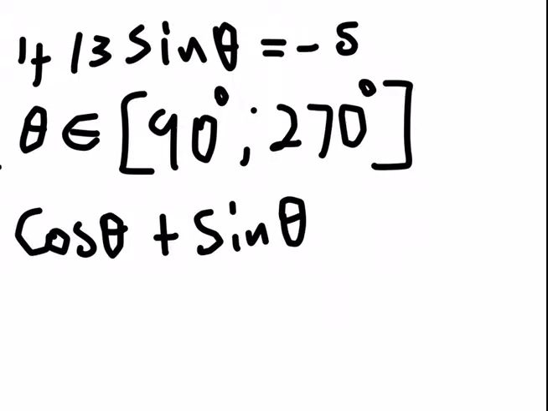I'll just read it out, but I will limit what I've written to that. So they're just saying if 13 sine theta equals -5, and theta is an element of 90 degrees and 270 degrees, calculate without the use of a calculator and with the aid of a diagram the value of cos theta plus sine theta.